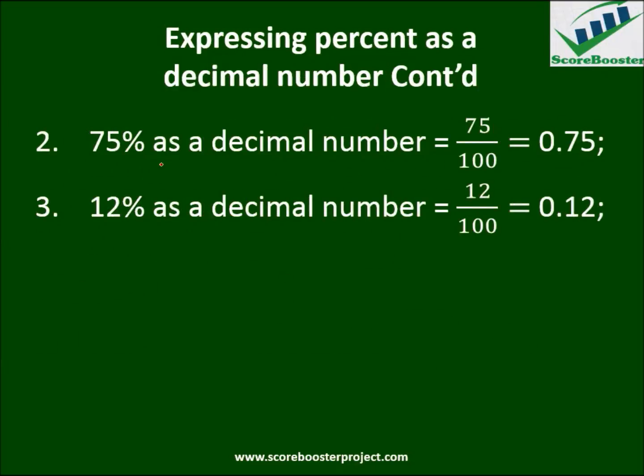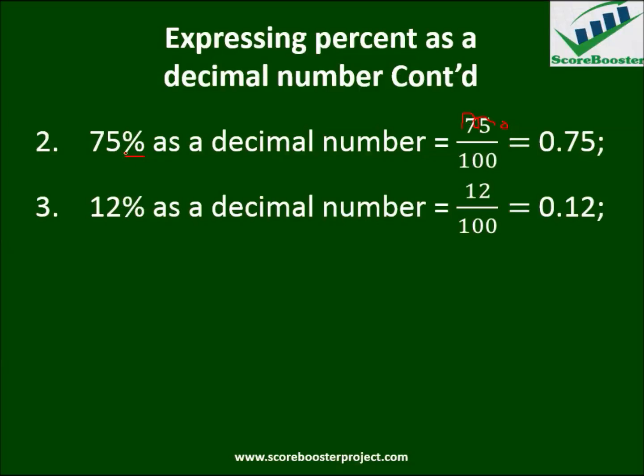Another example, 75% as a decimal number. The percentage here is 1 over 100, so you simply multiply 75 by 1 over 100, so you arrive at 75 over 100, which is 0.75. Here is 75.0, so you simply move the decimal point 2 places to the left. The first place you have 7.5, and the second place you have 0.75.